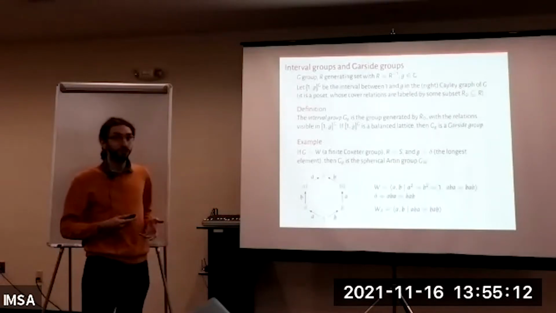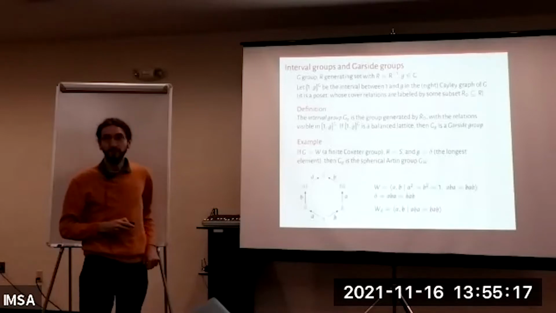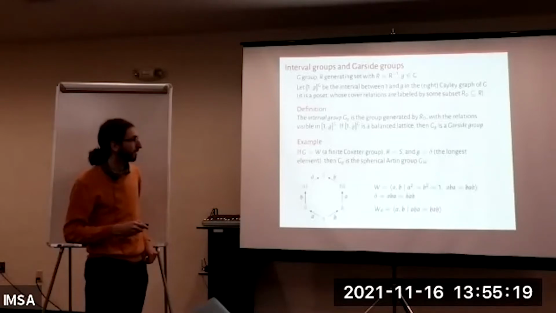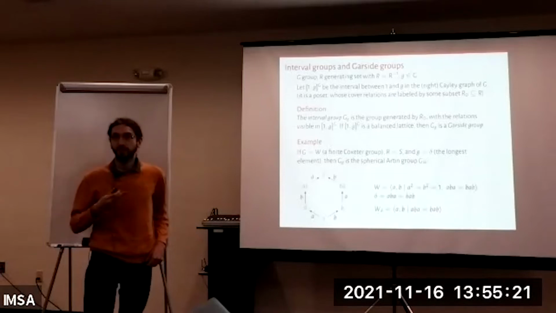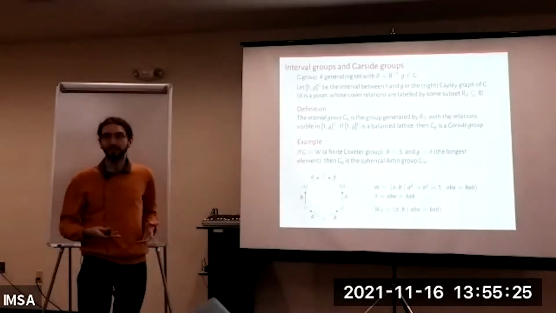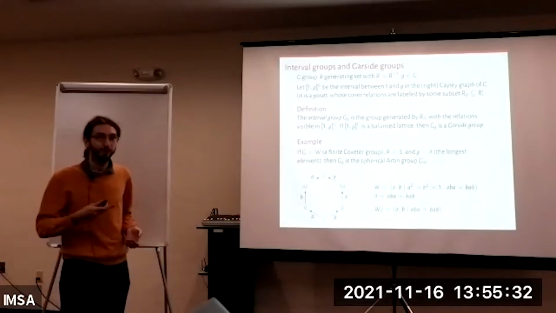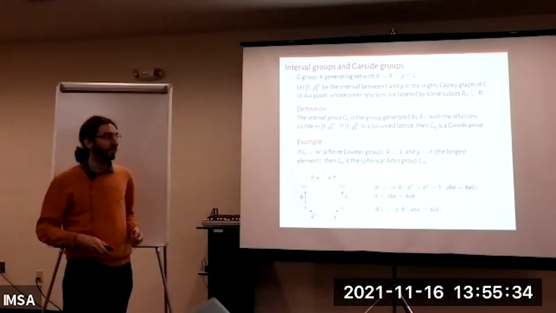And the point of this construction is that if this interval is a balanced lattice, then the interval group is a Garside group, and we are very happy when we have a Garside group because it carries very strong properties, algorithmic and topological properties.